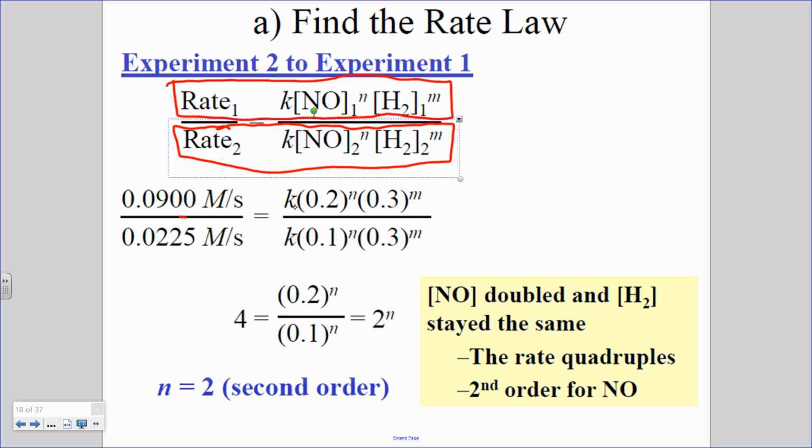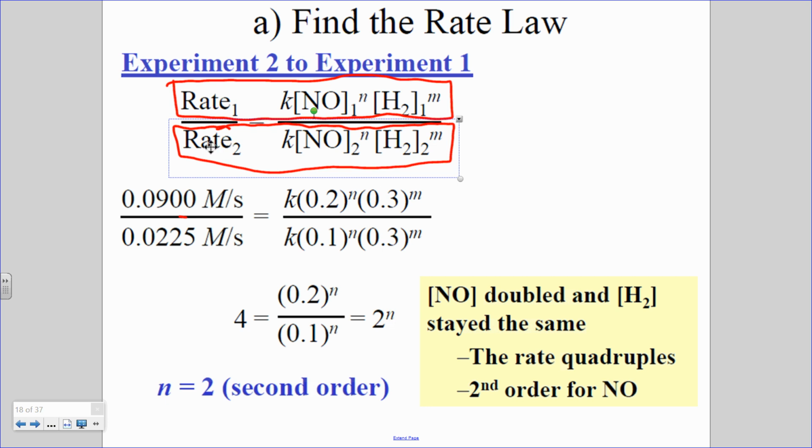That equals K. We don't know K. Times the concentration from the first reactant, right? We don't know what this order is, so we just put N. For this one, this is a concentration from that first experiment. We put M. We don't know what that is yet. That's what we're looking for, these two guys.